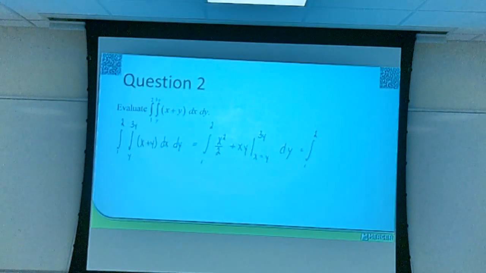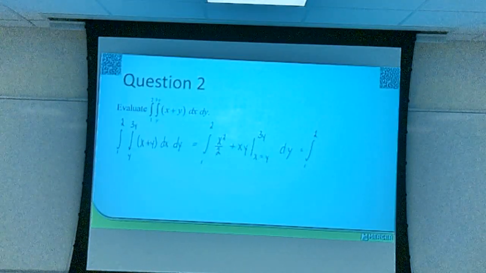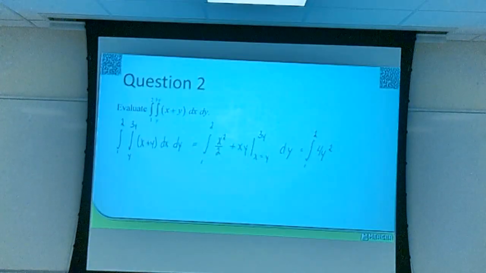So I typically do it term by term. So I go, okay, 9y squared minus y squared is 8y squared divided by 2 is 4y squared. Plus, then it'd be 3y times y, or actually I'll just do 3y minus y is 2y times y.